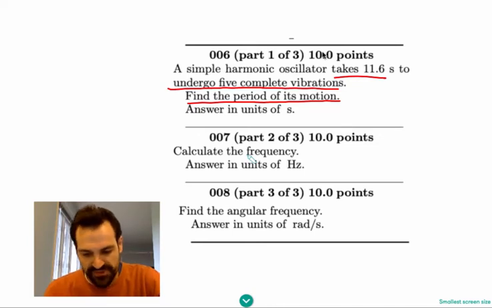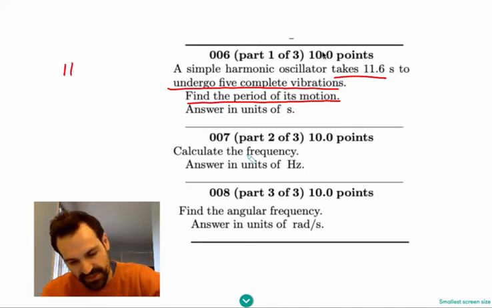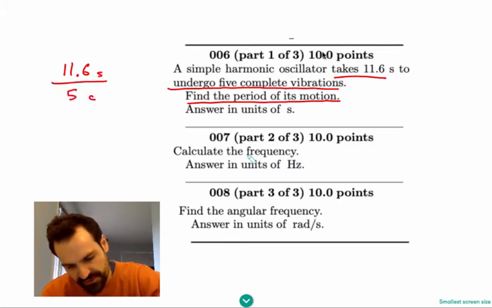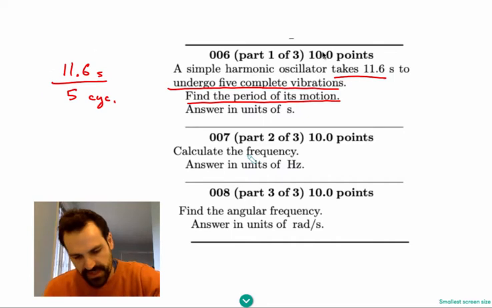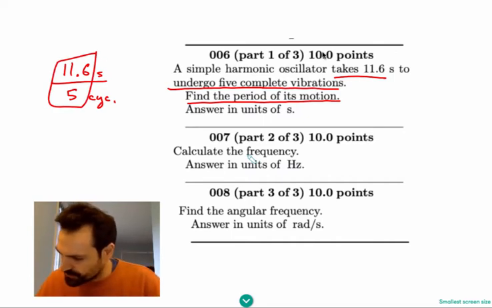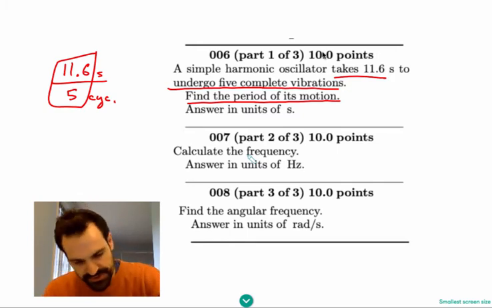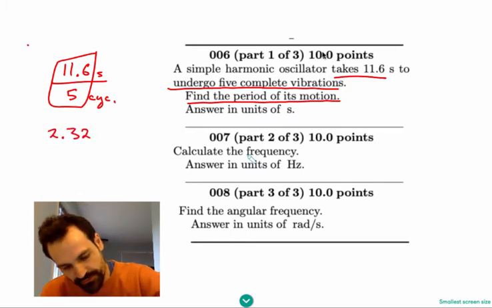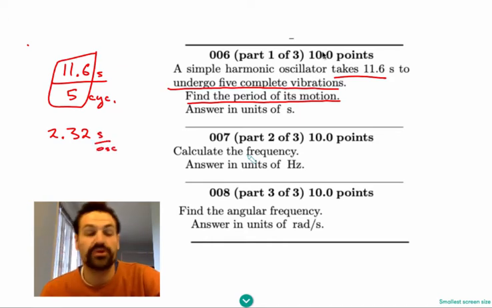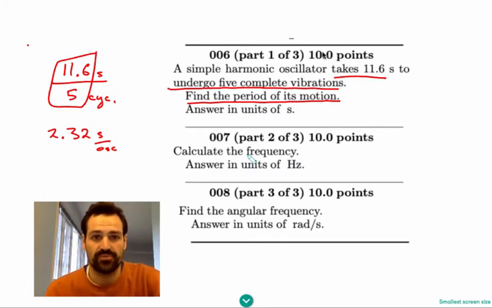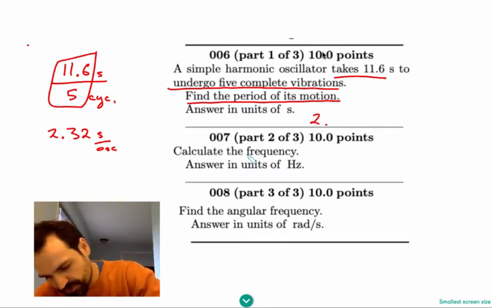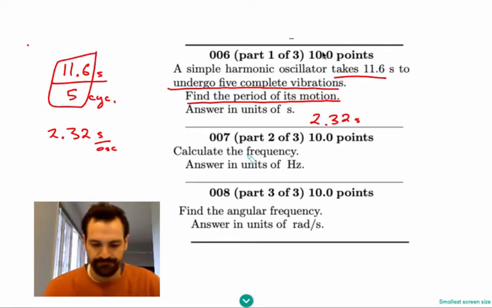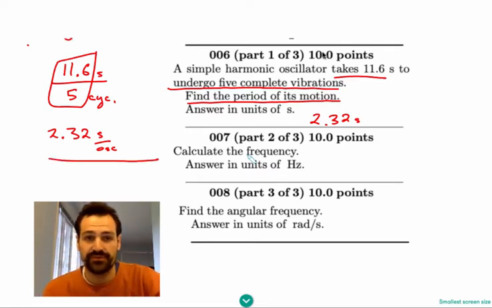So if it does 5 cycles in 11.6 seconds, we're going to take 11.6 seconds divided by 5 cycles. And that's going to give us 2.32 seconds per oscillation, or 2.32 seconds for one full period. So 2.32 seconds.